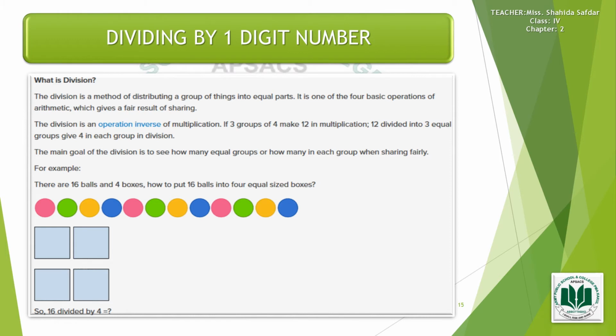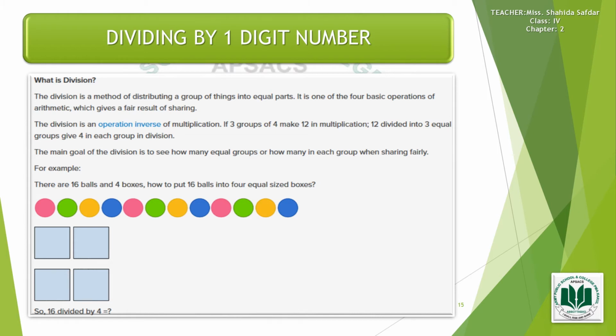Division is an operation which is the inverse of multiplication, that is, it is opposite to multiplication. If three groups of 4 make 12 in multiplication, then 12 divided into 3 equal groups gives 4 in each group in division.